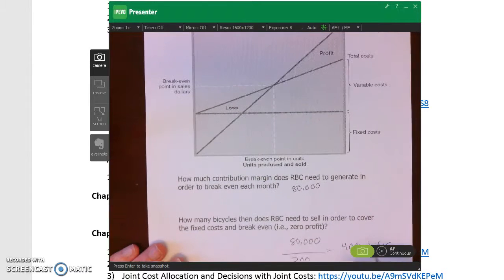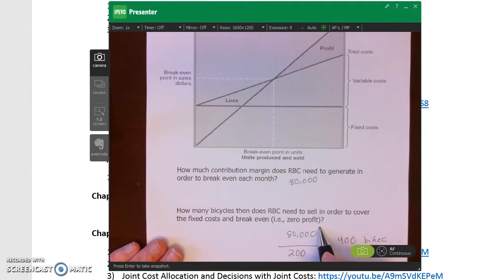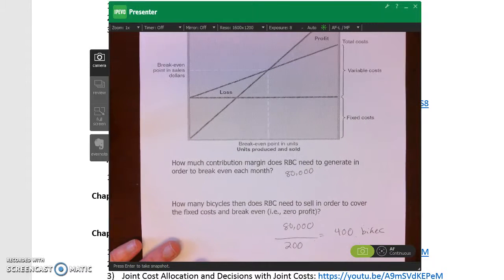I sell 400 bikes, 400 times the 200 gives me 80,000. I will generate $80,000 worth of contribution margin, and at that point, I will break even. Now, that's something you'd want to know, even if you didn't want to become an accountant. You just wanted to open your own little bike shop in downtown Fredericksburg.